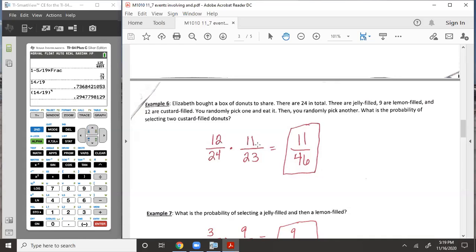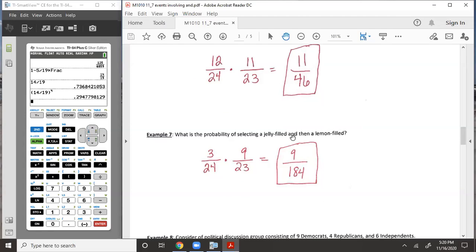So now you have 11 over 23. Multiply and we get 12 over 24 times 11 over 23, and that is equal to 11 over 46. Again, put these in parentheses and then use your math enter to write this as a reduced fraction.